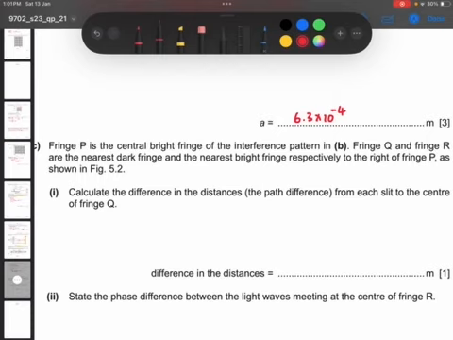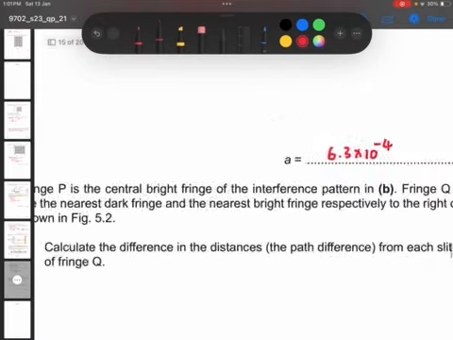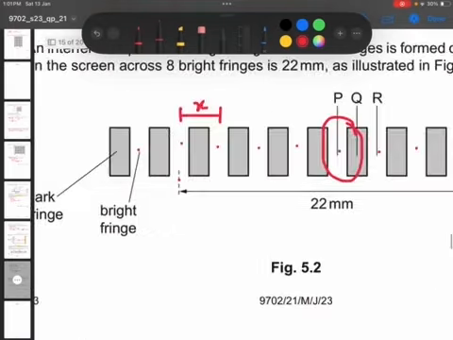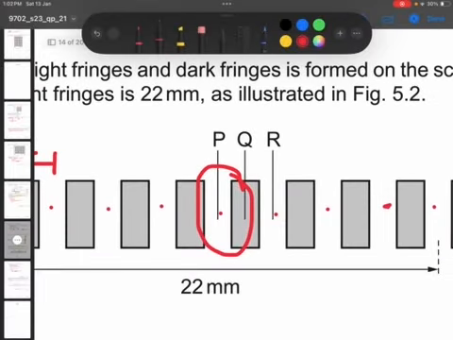They say the fringes Q and R are the nearest dark fringe and the nearest bright fringe respectively to the right of the fringe P as shown. Calculate the path difference from each slit to the center of fringe Q. So fringe Q is the first dark fringe after the bright fringe.